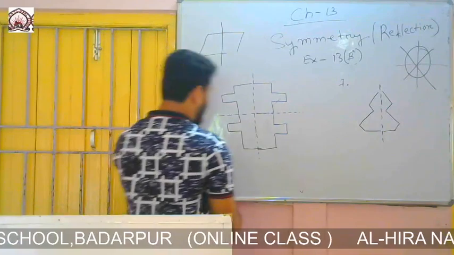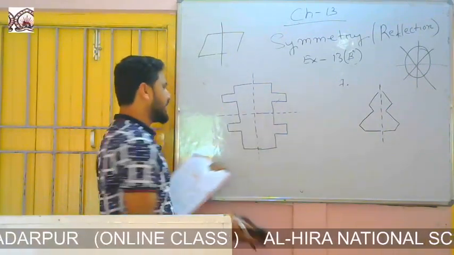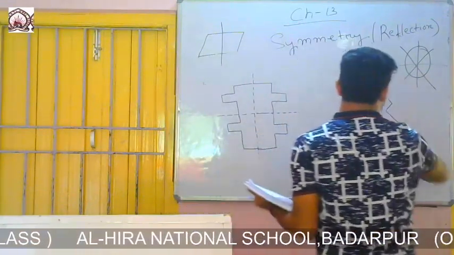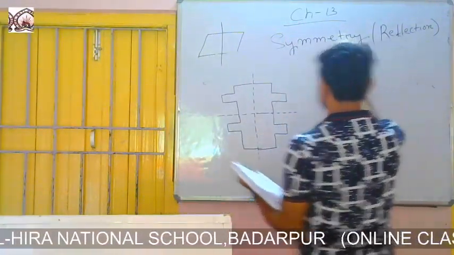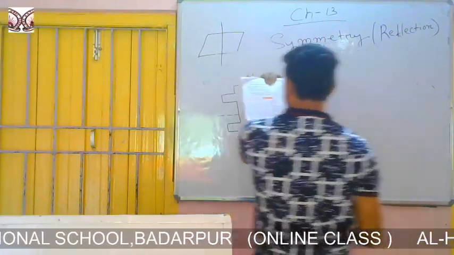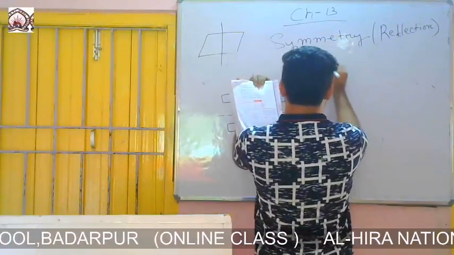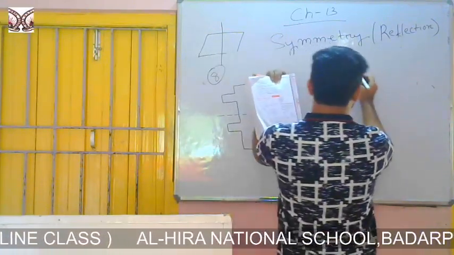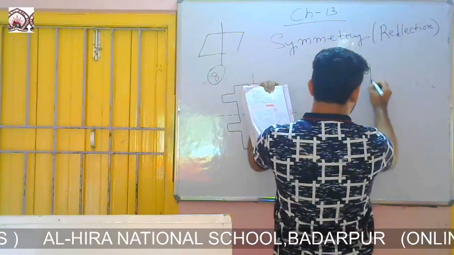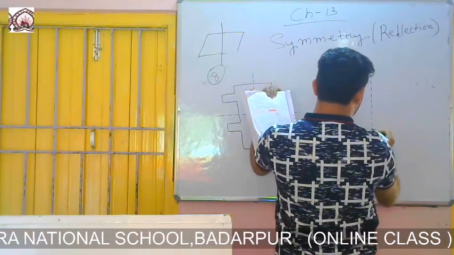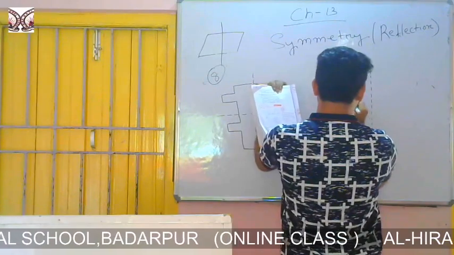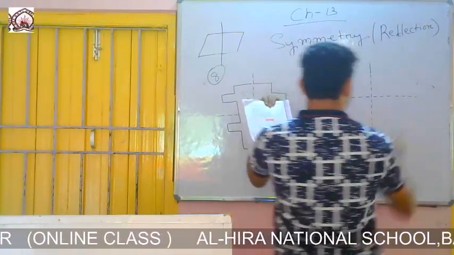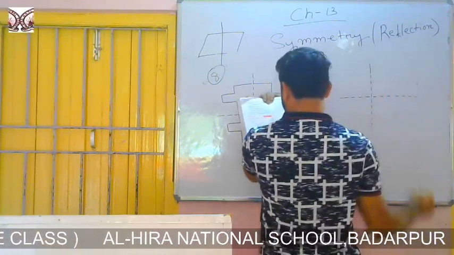Okay, you draw at your home exactly by pencil, ruler and graph. Okay, then you will get the exact reflected shape. Okay, now 9 you see, this was 8, 9 you see, after 9 we are left with the last question.